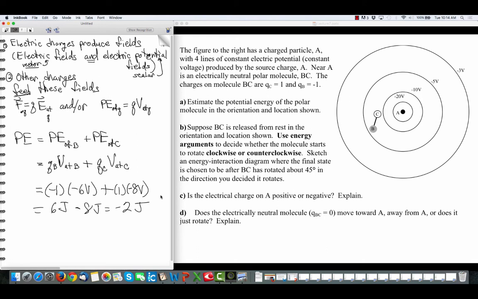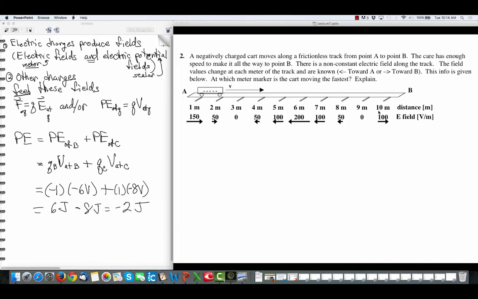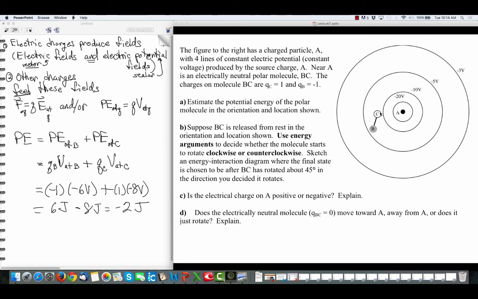So motion. Just think about rotation. If you just rotate that slightly clockwise, what happens to the energy of this thing?